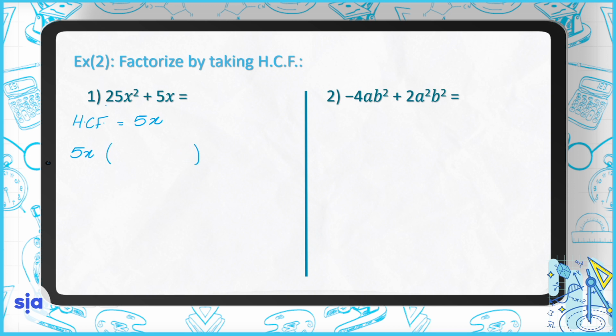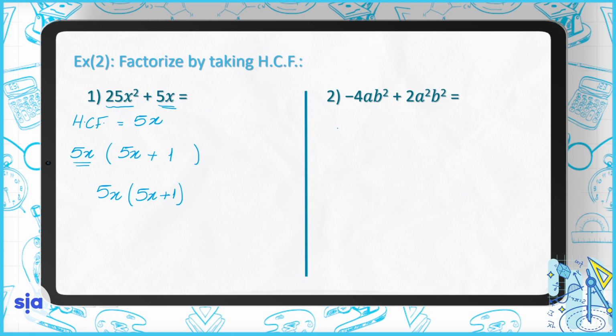If we divide 25x squared by 5x, the result is 5x. Here is the plus. If we divide 5x by the HCF, which is the 5x, then it is 1. So the factorization is now 5x, open bracket, 5x plus 1.